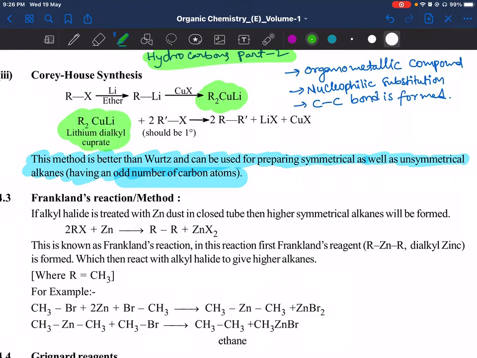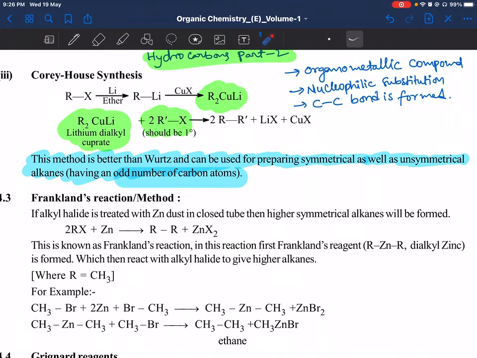When this reacts with the alkyl halide, what is happening? The halide generally has a negative charge. This negatively charged halide is replaced by the negatively charged alkyl group. Why?